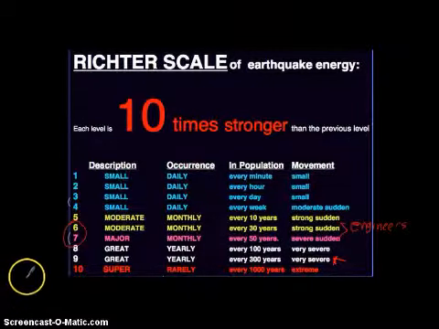And so that is the end of our slideshow for earthquakes, and we'll be looking a little bit more at maybe some building techniques that they will be using to make sure that buildings withstand some much larger earthquakes in the future.